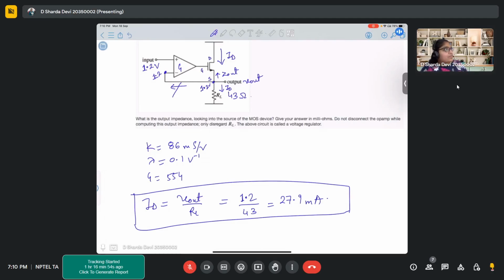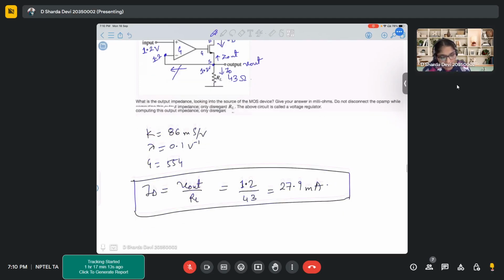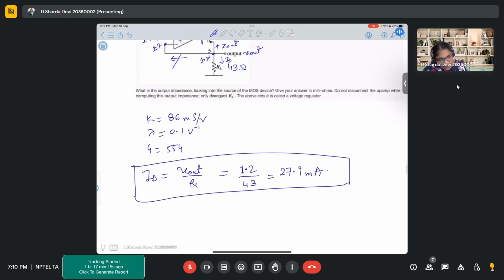So at this node, what is the node impedance that you see from the source side? For now, let's do one thing. We know that we need GM and GD, right? So let's calculate GM and GD first and then see how we'll proceed, okay?